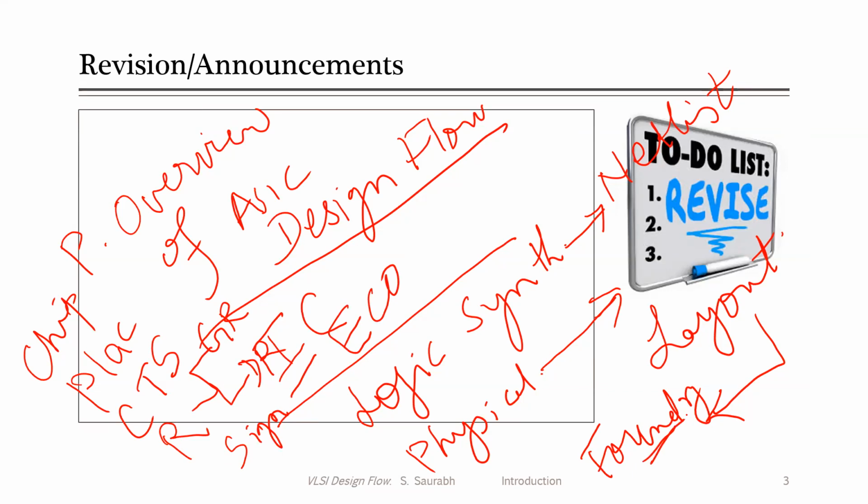Then we saw that this is the implementation flow, and verification is also important and is done throughout the flow. We saw a few types of verification. And when the chip is fabricated, some chips can have defects or faults, and we need to detect those faulty chips and stop them from reaching the end user. That is very important.